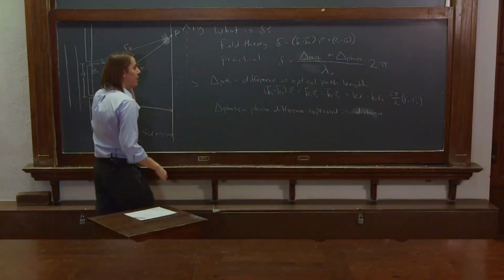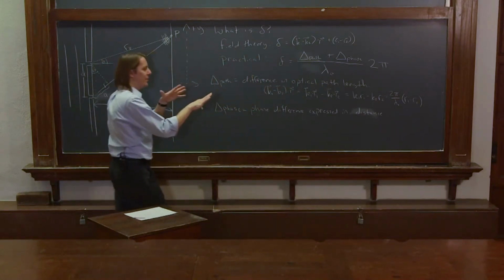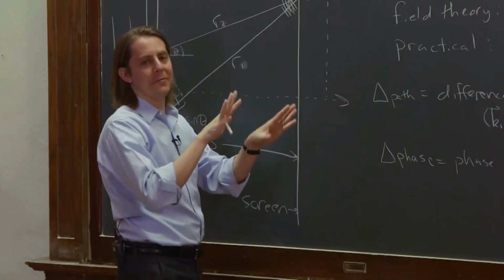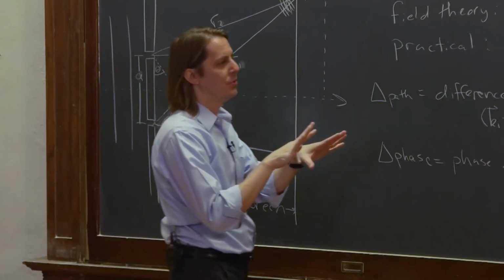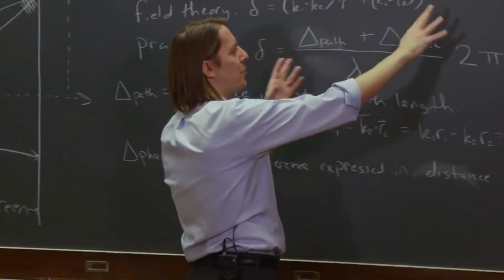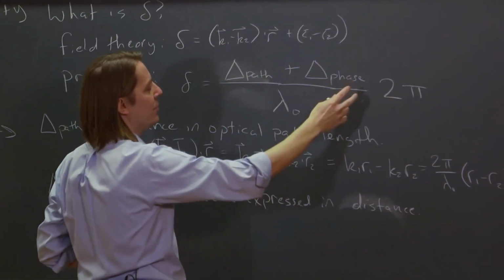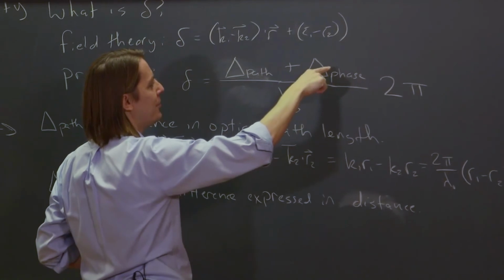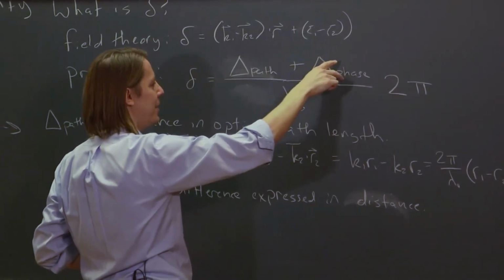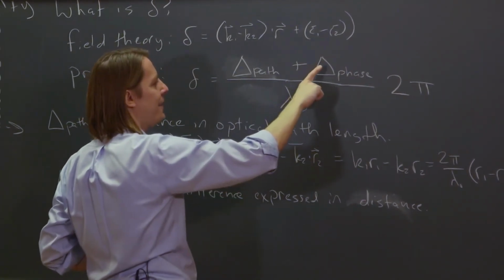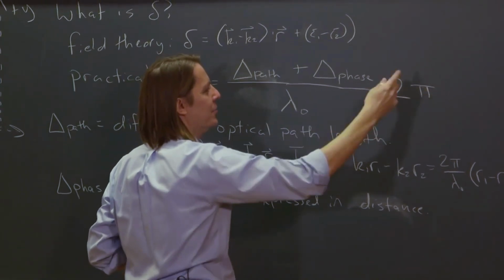Because what we're saying here is, say you have something that causes the two waves to be pi out of phase, right? A pi phase shift between the two waves. Well, to make this formula work, where you add these two path lengths, you have to say that's half a wavelength. So you would put 1/2 lambda naught here, and lambda naught here. Those make a half, and it's half of 2 pi radians. So you end up with pi.